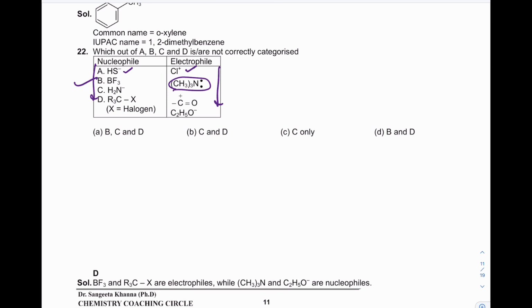Now in C, CH2NH2 negative is a nucleophile and CO positive is an electrophile. This is correct. But in option D, again C2H5O negative can't be an electrophile. It is a nucleophile. So B and D are not correct. It is D.